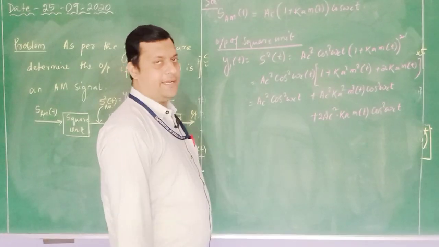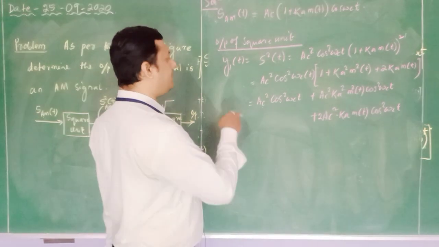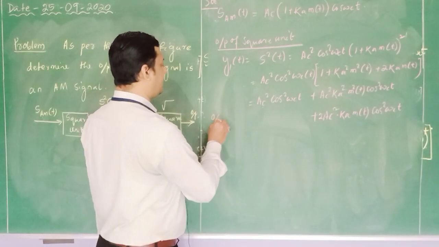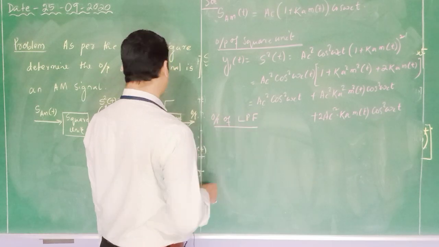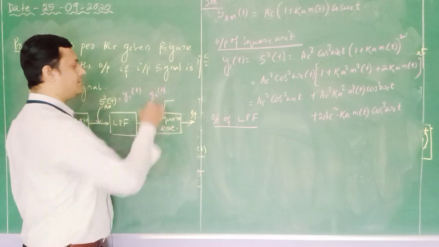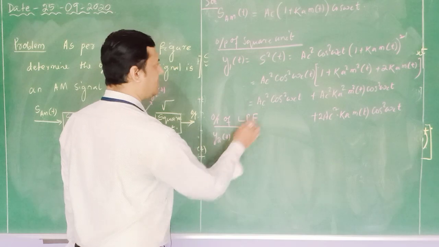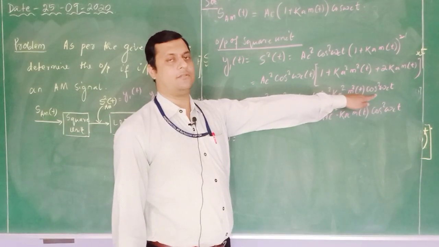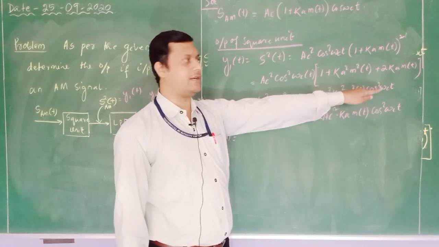If I expand this, it will consist of a DC component and a harmonic component, which will be suppressed by the low pass filter. So here I am directly writing the output of the low pass filter. Let us consider it is y2(t). For cos square ωct, as we derived in the earlier problem, it is (1 + cos 2ωct) divided by 2.